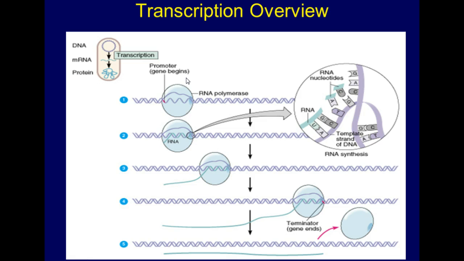Once this process begins, RNA polymerase reads the code for each nucleotide on the 3' end of the unwound section of DNA, but we're moving in the 5' to 3' direction. It then begins to build the RNA transcript according to the sequence of each nucleotide contained on the DNA strand. And you see that happening over here in this little blow-up picture.